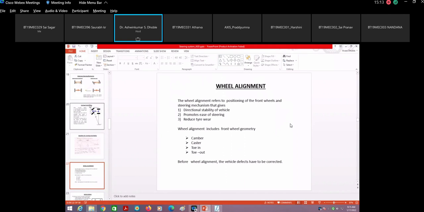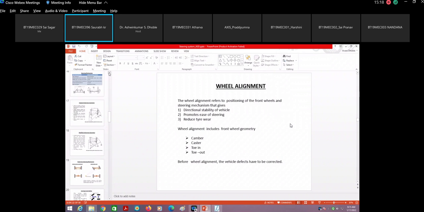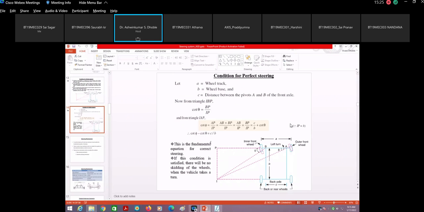Yes, cot phi minus cot of theta is equal to b by L. Here, C is the pivot center distance.